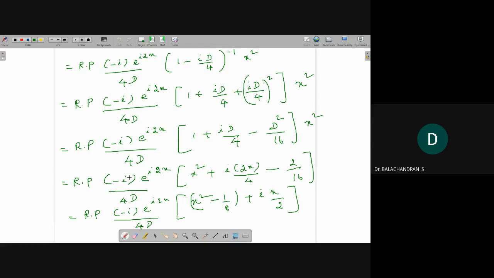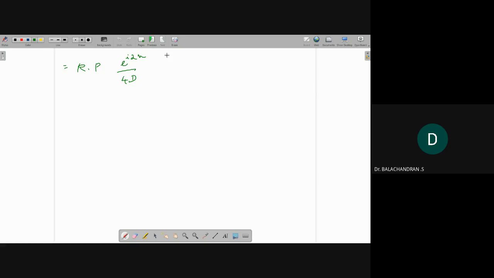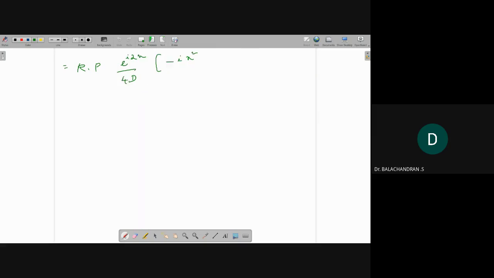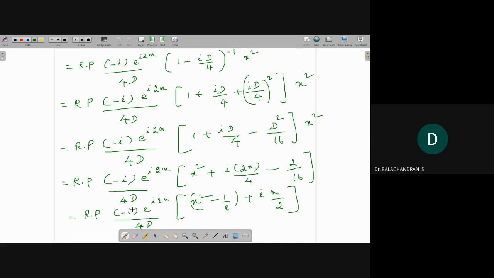Multiply by i, minus i, so minus i x square, minus i x square, plus i by 8, plus i by 8. So i square is what? Minus into minus is plus, so plus x by 2.